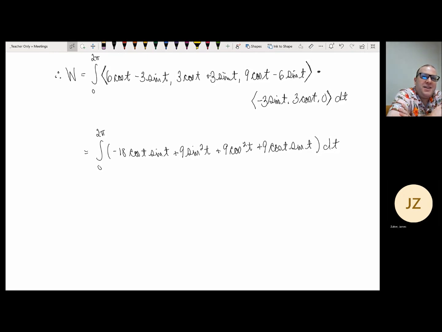We do not need any kind of aid with this problem. It looks hideous, but this is a very nice problem.